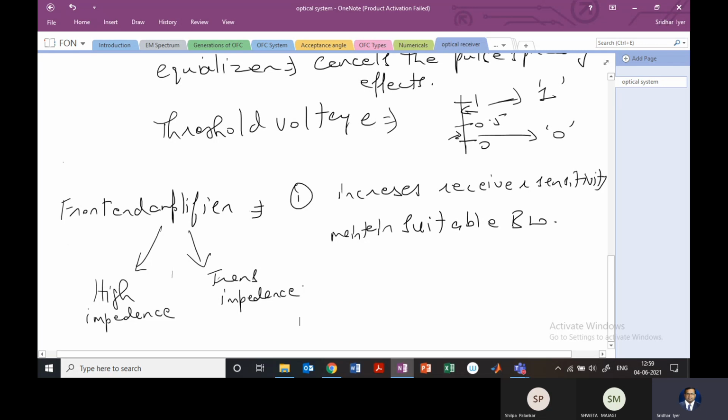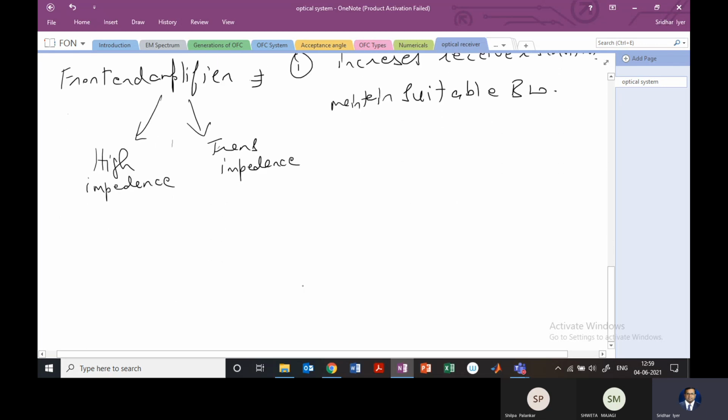And the important design criteria for the front end amplifier is to choose the load resistance, because your thermal noise is inversely proportional to load resistance. So just to recollect, sigma square thermal is 4 kTB divided by RL. K is a constant, T can be maintained, B is constant, therefore sigma square thermal is proportional to 1 by RL, right?